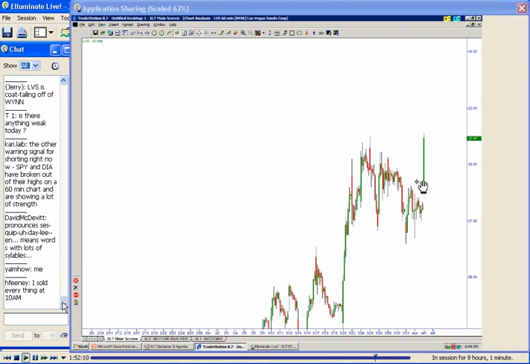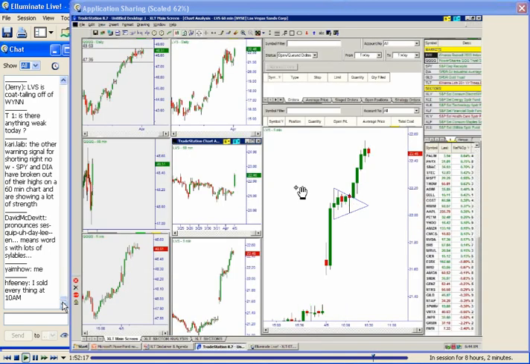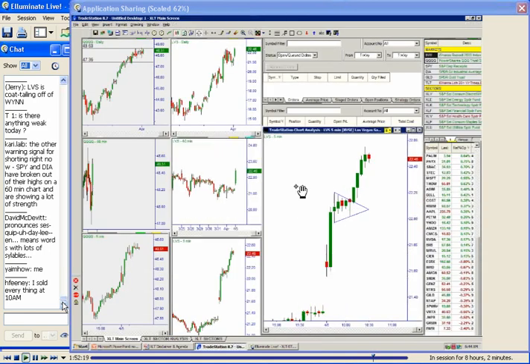Sold everything at 10 a.m. Okay. Anyone else that's in this position, are you long or are you short on LVS? I'm asking this because you need to know what your exit strategy is on this, okay? How are you going to manage this trade? Where are you going to exit at? Okay, any trade that you take, you want to have an exit in mind.